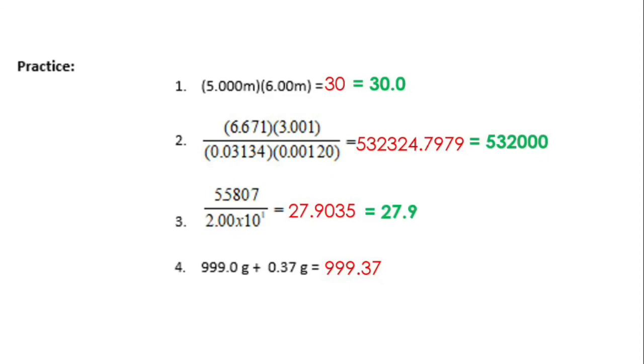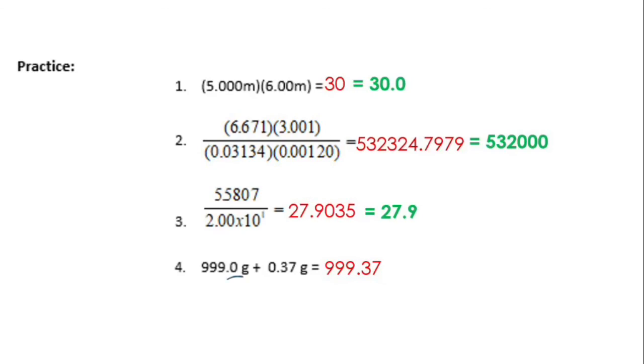I'm going to clean this up a little bit and get some of those nice answers there so that we can move on with a fresh start to this last problem, where finally we're doing some addition, which means we're not actually going to pay attention to sig figs here. We're going to be counting and comparing the decimal places in each of these numbers as well as our answer.